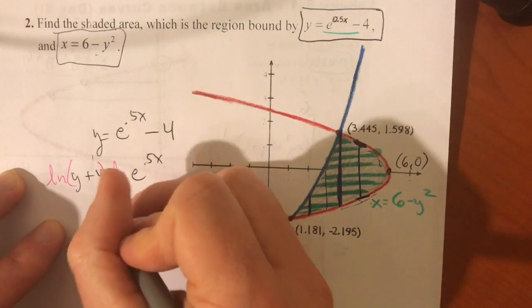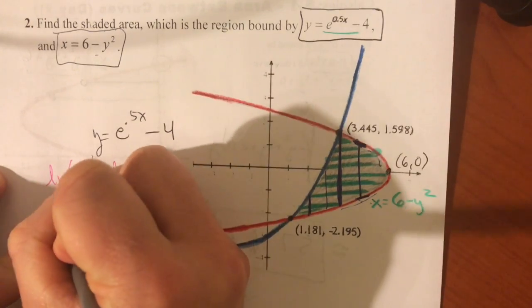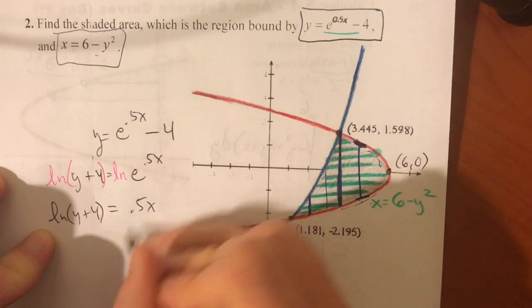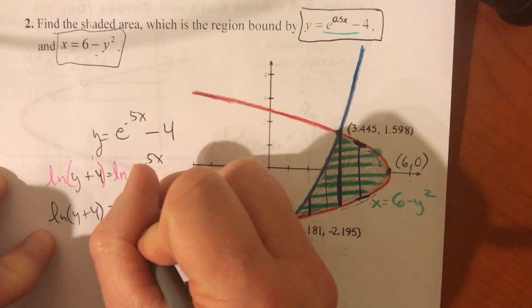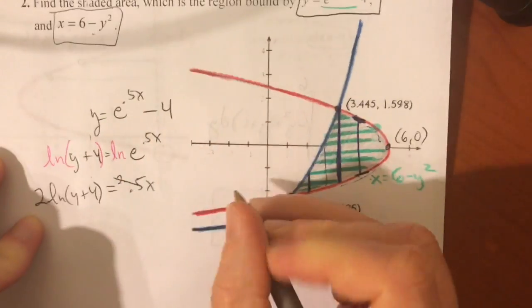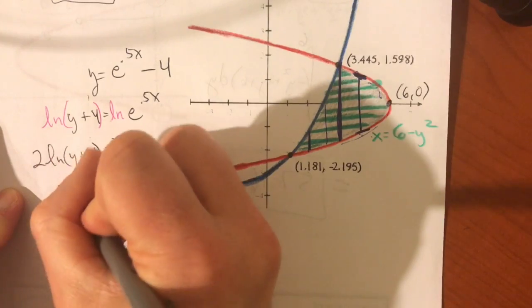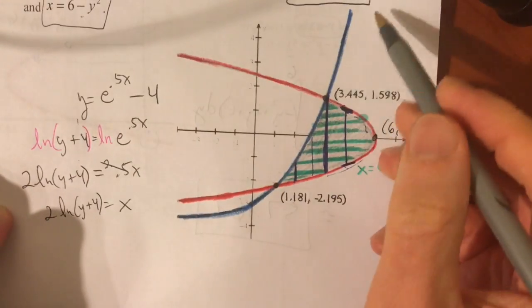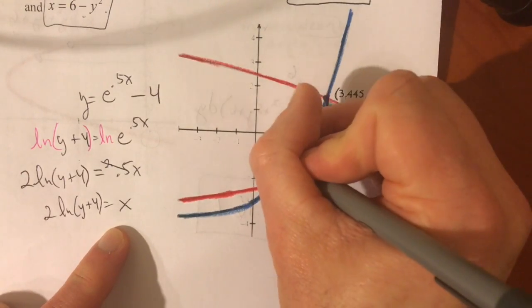Yep, classic. You're going to miss them next year. And you have 0.5x equals the ln of y plus 4. You can divide by 0.5 or multiply by 2 if you prefer. Maybe that looks a little nicer. And so your equation is x equals 2 ln of y plus 4. That is the same equation here. It's just now solved for x.